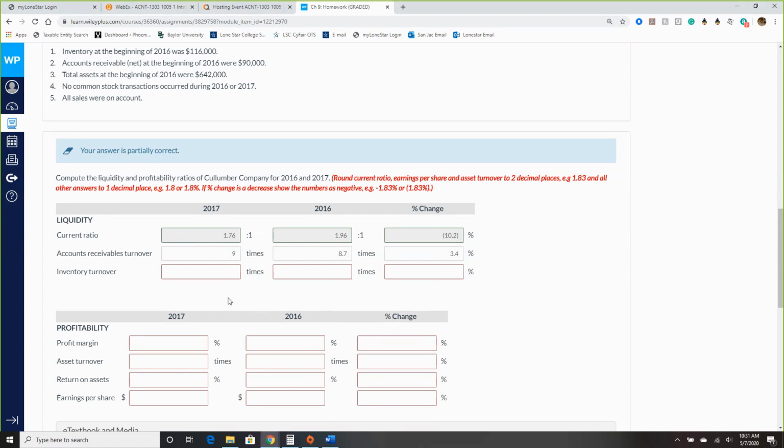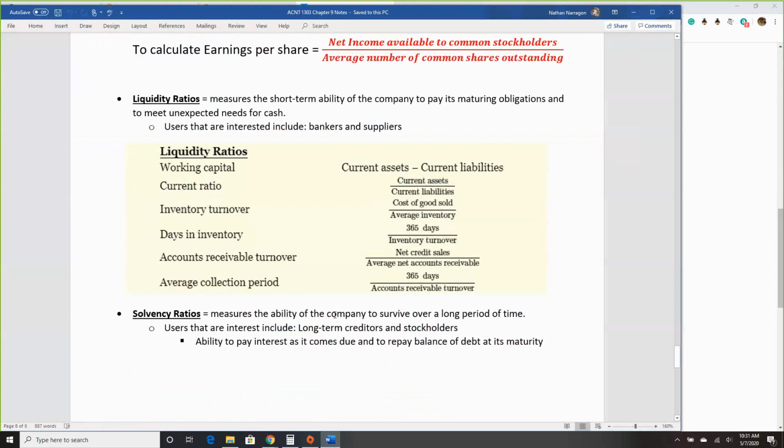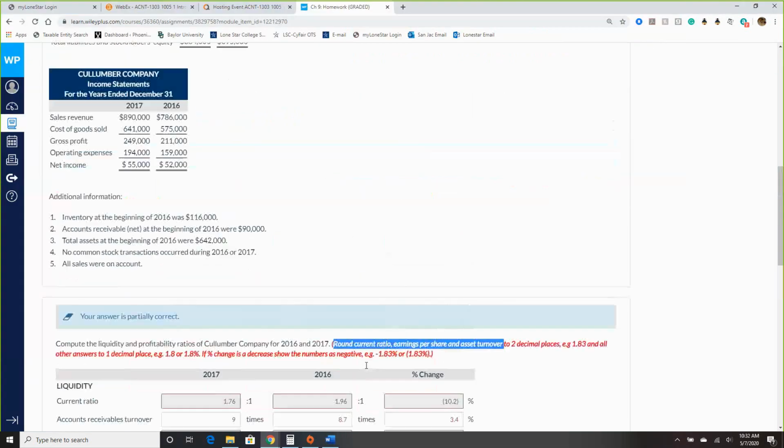Okay, inventory turnover. Again, does not fall into these 3. These 3 all pop up here. Oh, except for current. So the other 2. Sorry. Alright, inventory turnover. Cost of goods sold divided by average inventory.